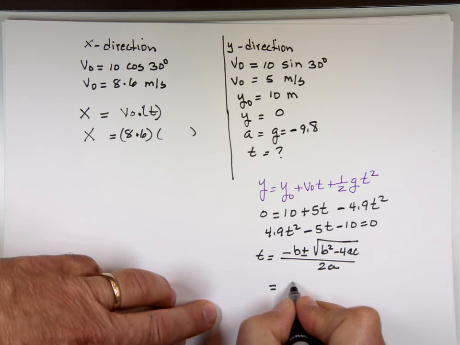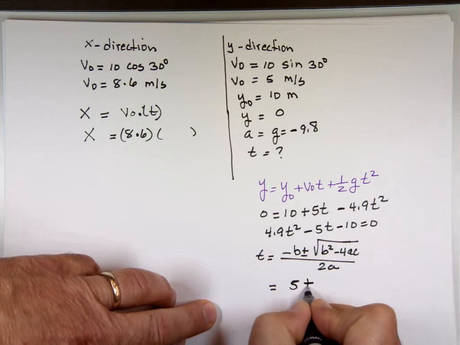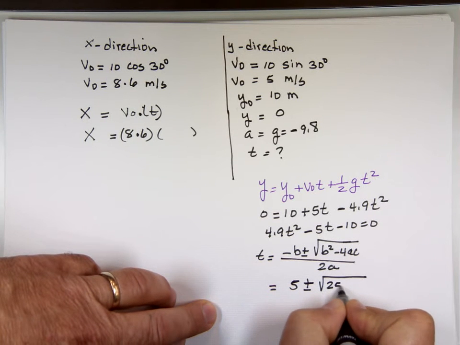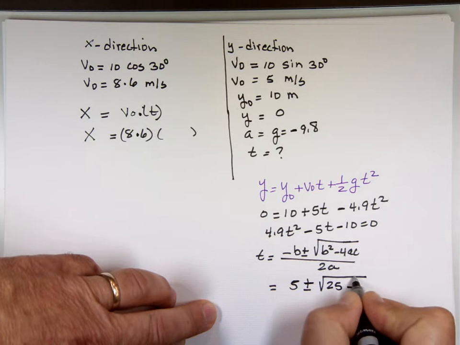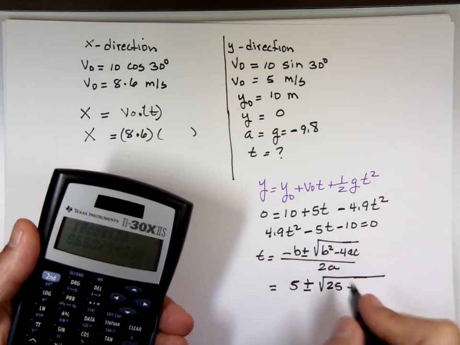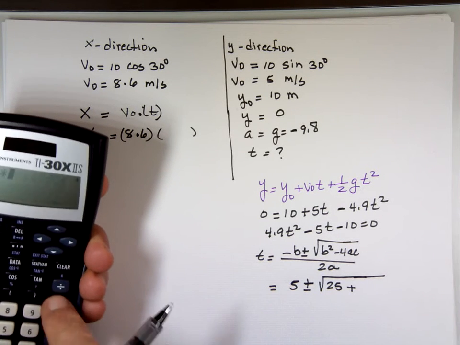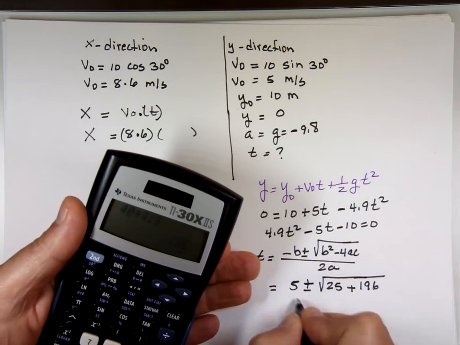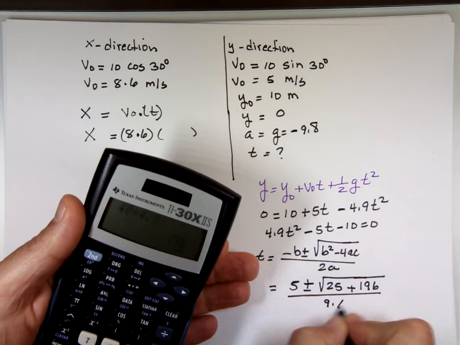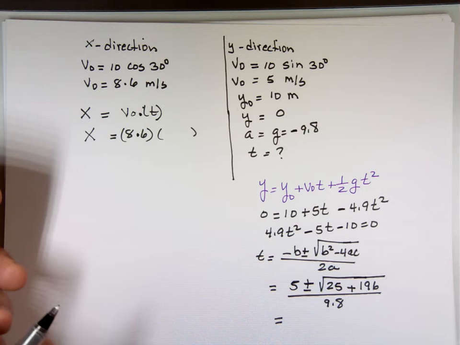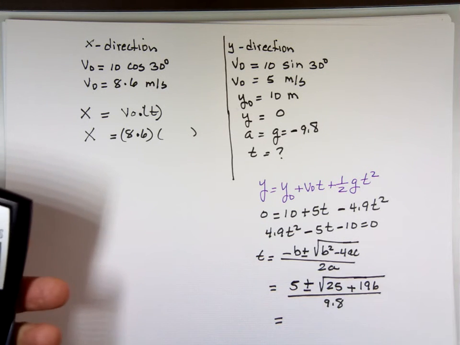Minus a minus, that's a plus. Take negative 5 squared, that's 25. Minus 4 times a times c becomes a plus because c is negative: 40 times 4.9, 196, divided by 9.8. This is 221. Take the square root of that.